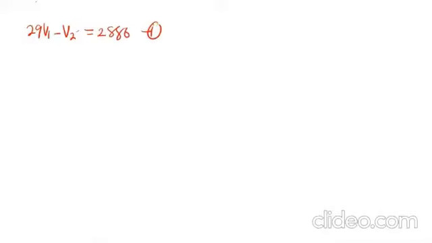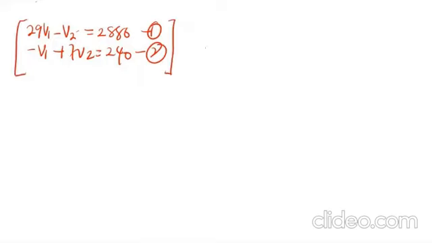This is your first equation, and then the second one you have negative V1 plus 17 V2 equal to 240. This is the second equation. So if you want to use the elimination method, just pick one of V1 or V2 that you want to eliminate first, and then make the values equal.